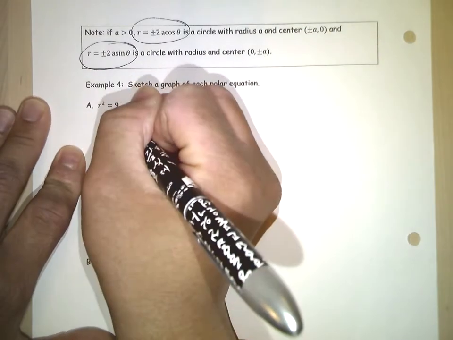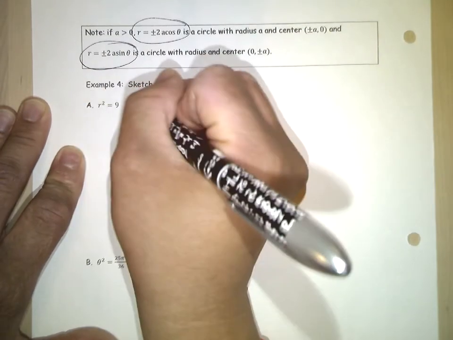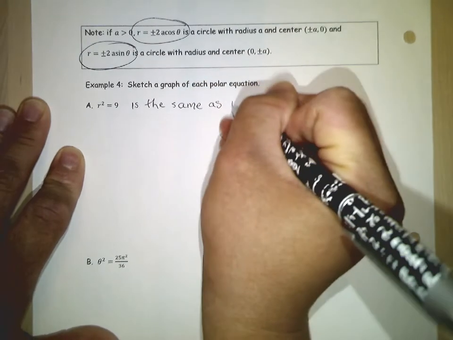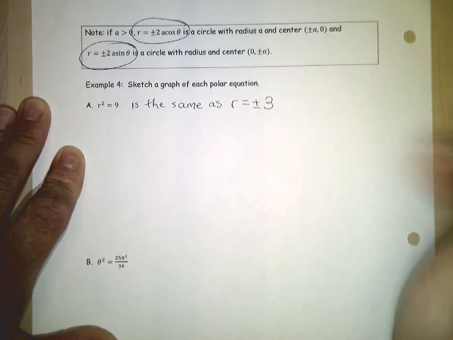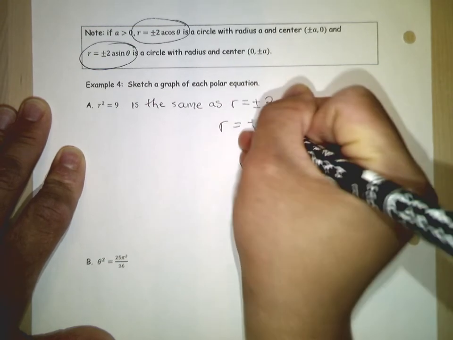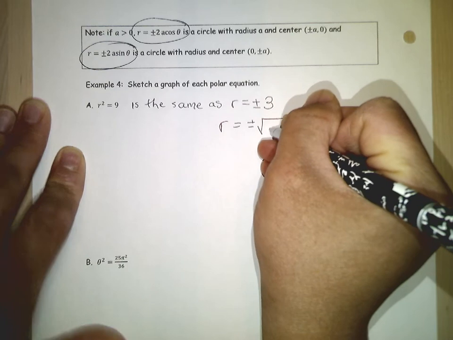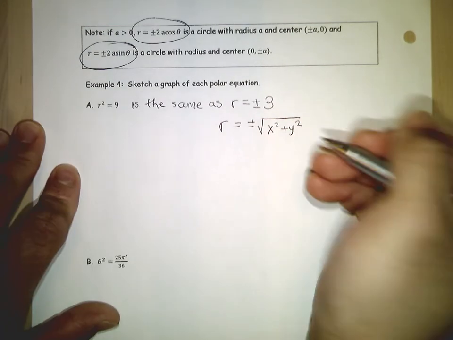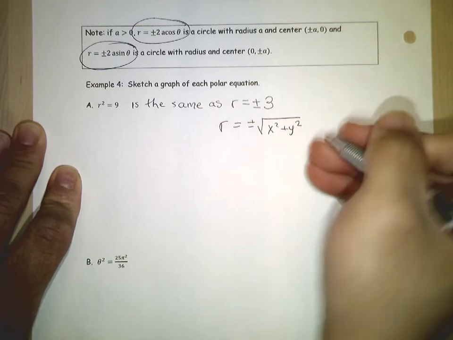So r squared equals 9 is the same as r equals plus or minus 3 once I solve for r. Now remember that also r was equal to plus or minus the square root of x squared plus y squared. So these are both equal to each other.